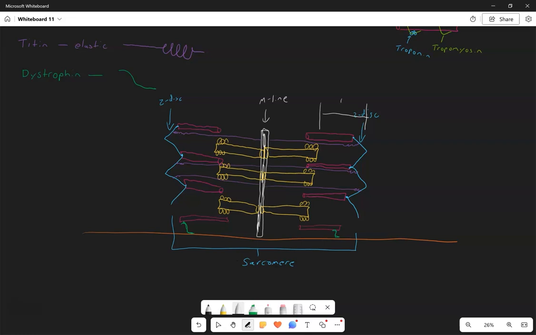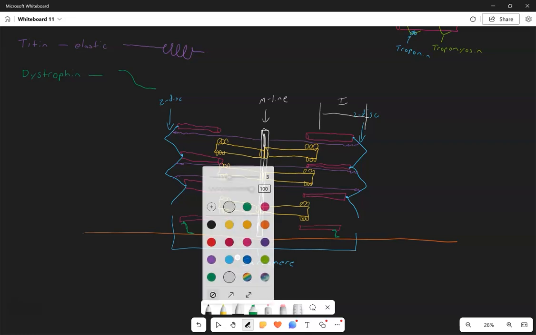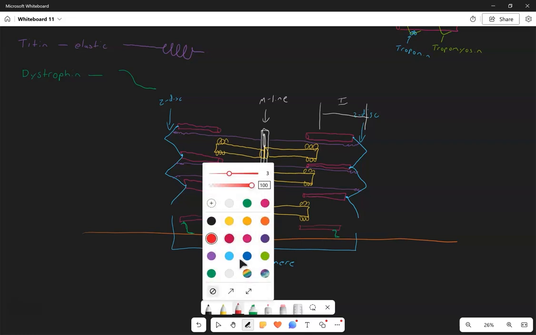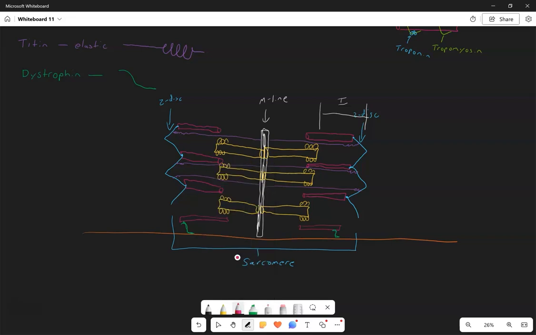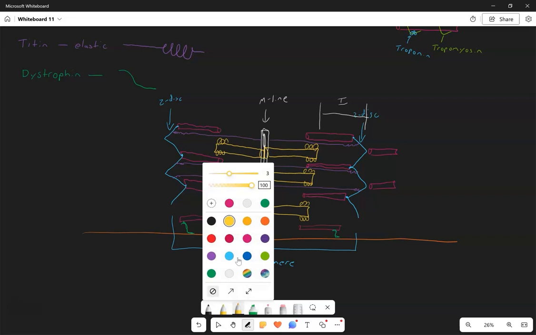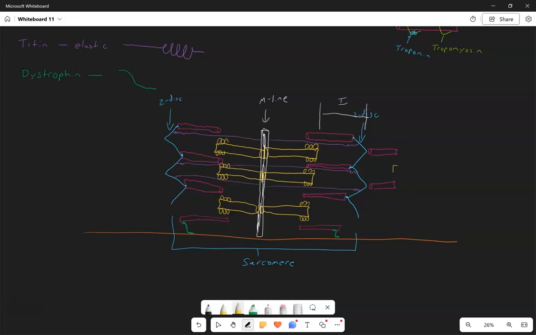This is known as the I band. Over here you would have a thin filament like this, and then over here, you would have your thick filament like this.